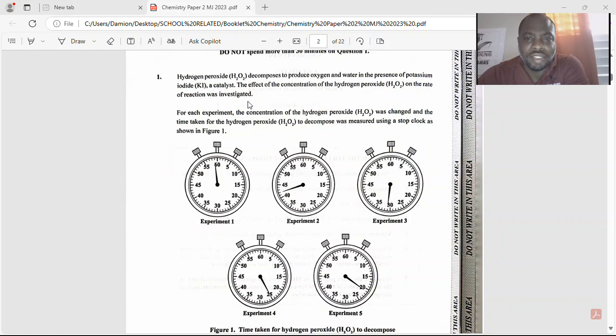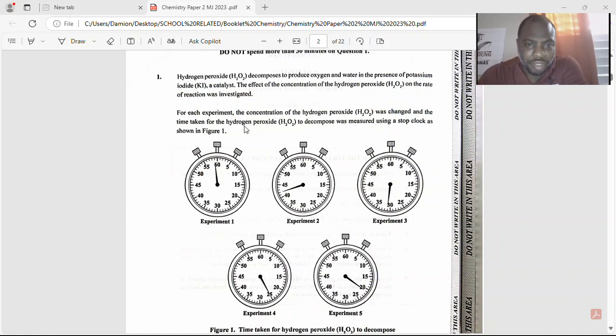And as you would have heard me say, or if you were reading along, we are investigating how concentration would have affected the rate of reaction of the decomposition, which we know is breaking down, of hydrogen peroxide.